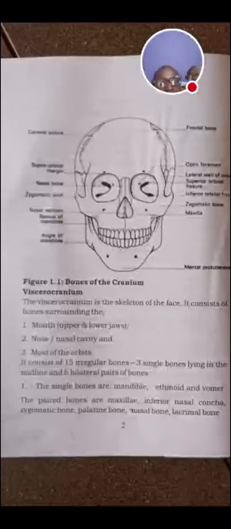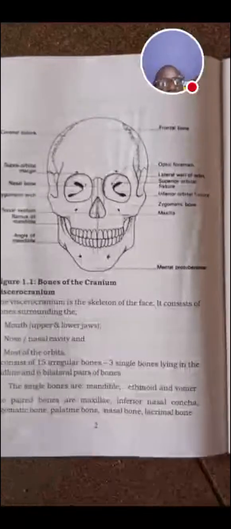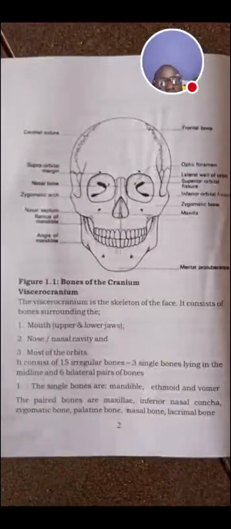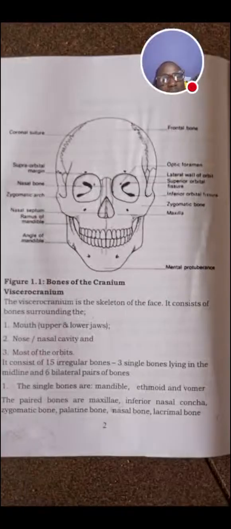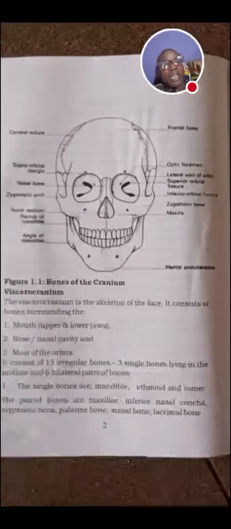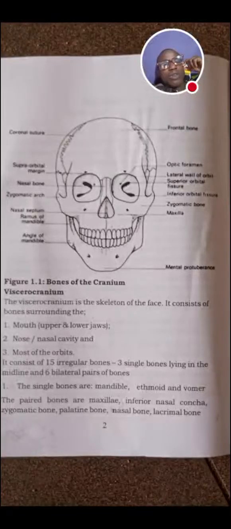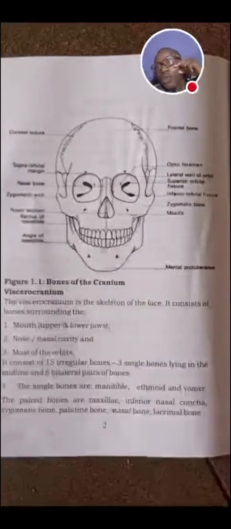Let's look at the six pairs: maxillae, inferior nasal concha, zygomatic bone, palatine bone, nasal bone, lacrimal bone. This is the zygomatic bone, the cheekbone here.